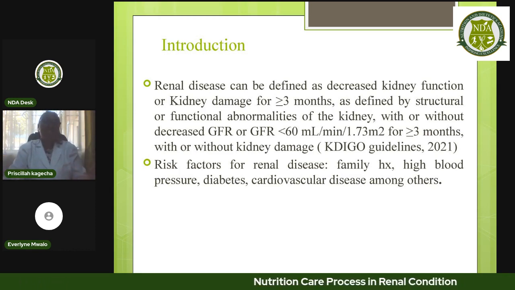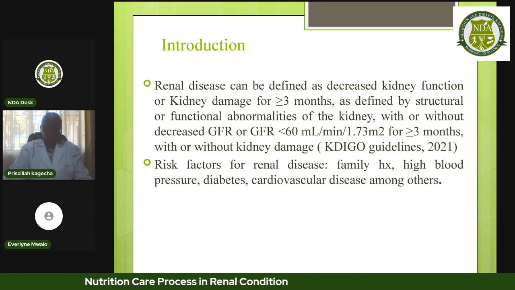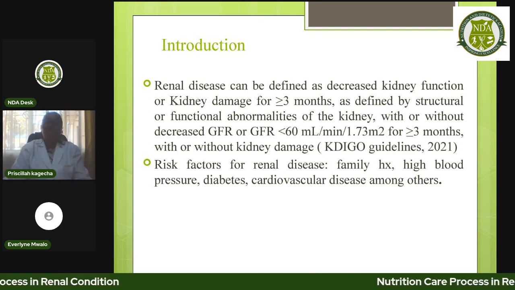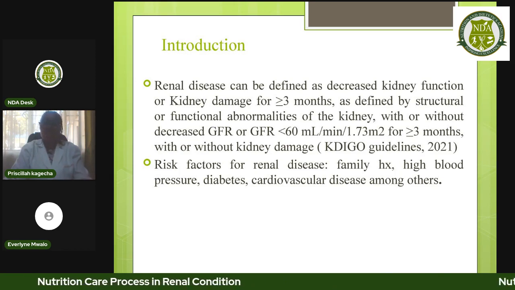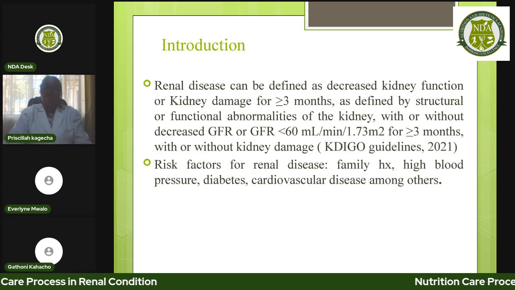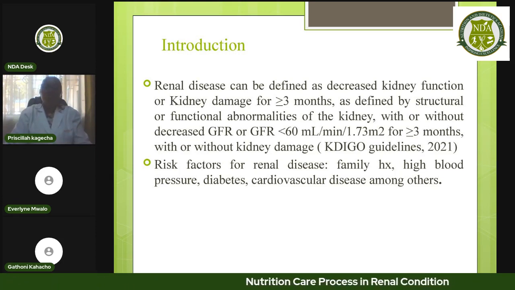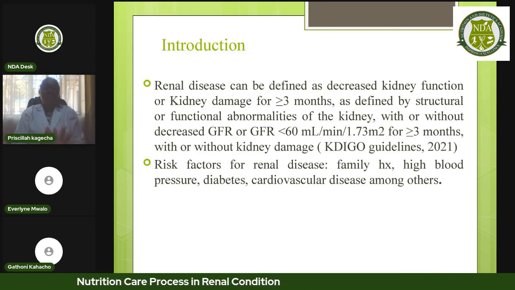According to the GFR, chronic kidney disease is staged in different stages. When we talk of chronic kidney disease, we stage it from stage 1 to stage 5. When we talk of AKI, we have stage 1 to stage 3. In different stages, the GFR differs.